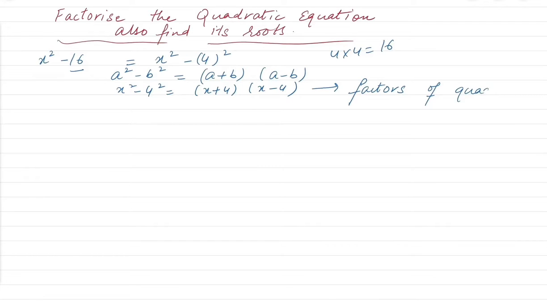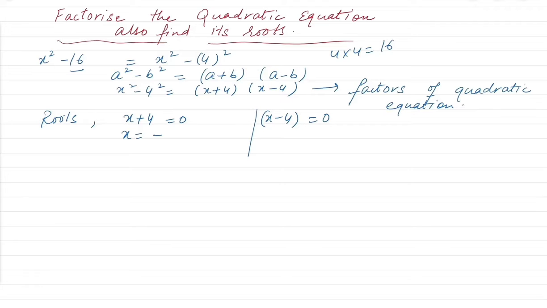Now we can find the roots of this quadratic equation by using the factors. For roots, we need to first find the factors, then only we can find the roots. To find the roots, we need to equate the equation to 0. By equating both the factors x plus 4 and x minus 4 to 0, we will get x equals minus 4 and x equals plus 4.